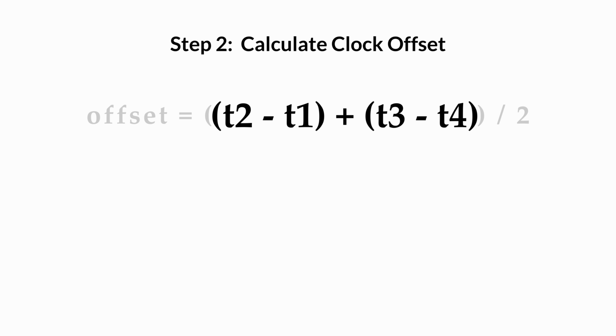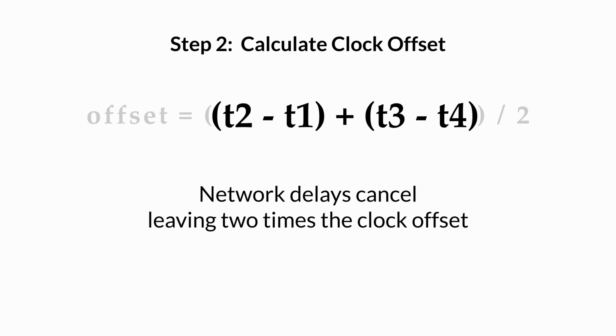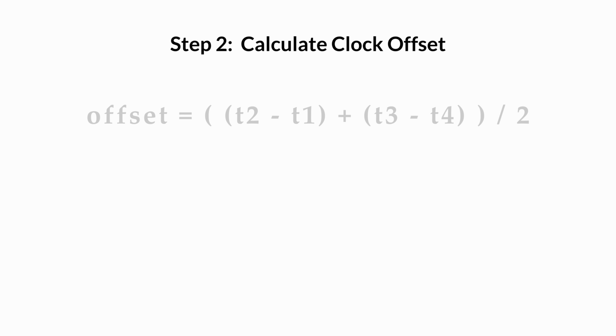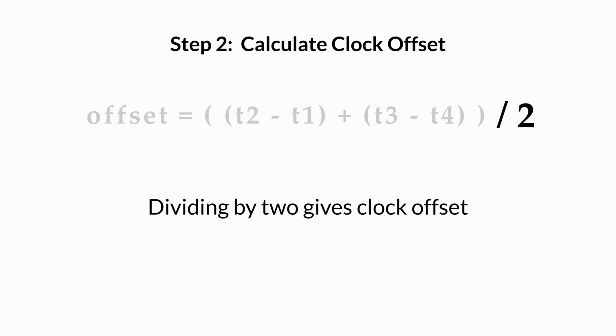So when we add the 2 groupings together, the network delays cancel out and we are just left with 2 times the clock offset. Dividing this by 2 gives just the clock offset. Of course, this assumes that the delay across the network is the same in both directions. For most networks, this is a fair assumption though.